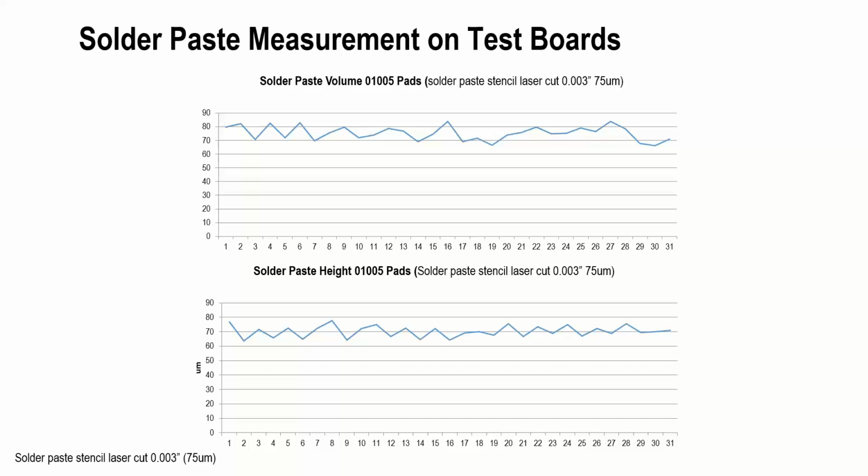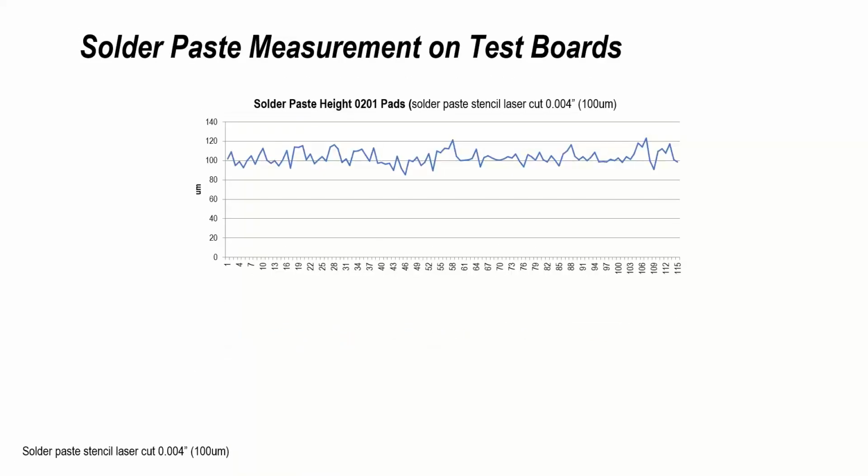And what you're looking at here is on a 3 thou or a 75 micron stencil. And on these, this is an 0201 using a 4 thou 100 micron stencil. And this is just a height measurement. But solder paste measurement can be a very powerful tool to pick up defects. And I'll show you one defect that was shown up and embarrassed me, I have to say, a little bit later on.